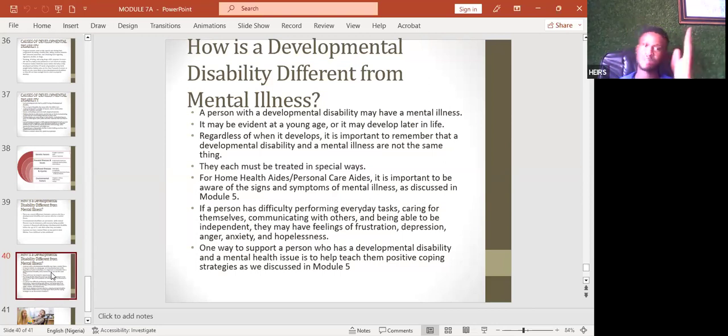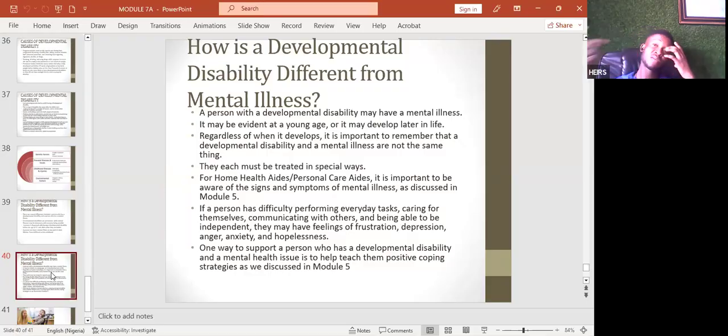One doesn't influence the other. So a person may have a developmental disability and not have mental illness, but a person may have both. Regardless of when it develops, it is important to remember that a developmental disability and a mental illness are not the same thing.